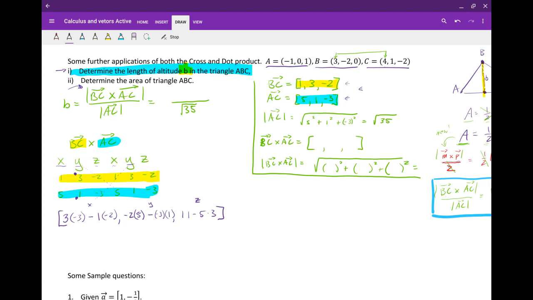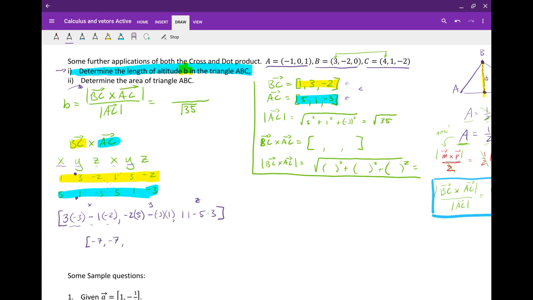So this is now 9 plus 2, or 11. Oh, no, sorry, it's -9. Sorry, I almost made a mistake there. So it's -9 plus 2, so I'm getting a -7. And then I've got a -10 plus 3, so that's -7 as well.